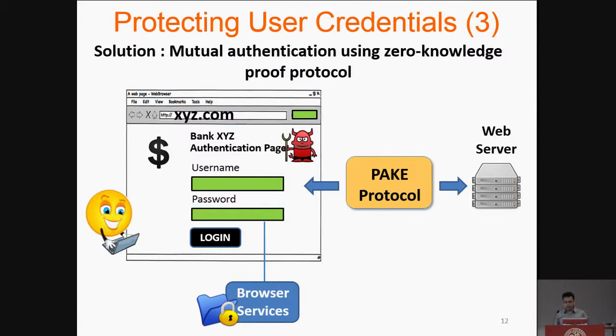I won't go into the detail of this protocol, but in order to be successful, it requires both the web browser and the web server to have the credential information. And if both parties have the credential information, the protocol will be successful and some secret session key KS will be derived. And this will be stored securely in the web browser.